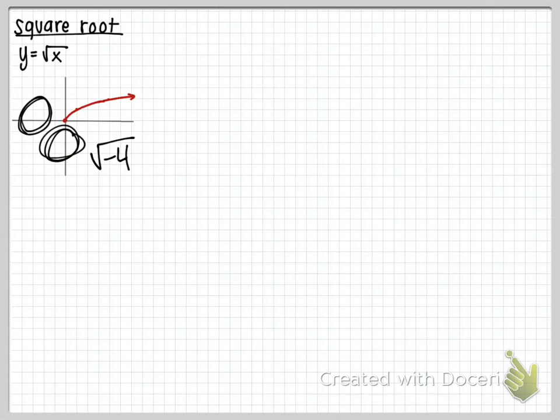I also can't plot anything down here. You cannot take a square root of a negative. It always has to be positive. That's why my square root function is in the positive x and the positive y. Remember, this is quadrant 1, right? Isn't this quadrant positive x, positive y right here? So that's why my square root function goes in positive x, positive y.